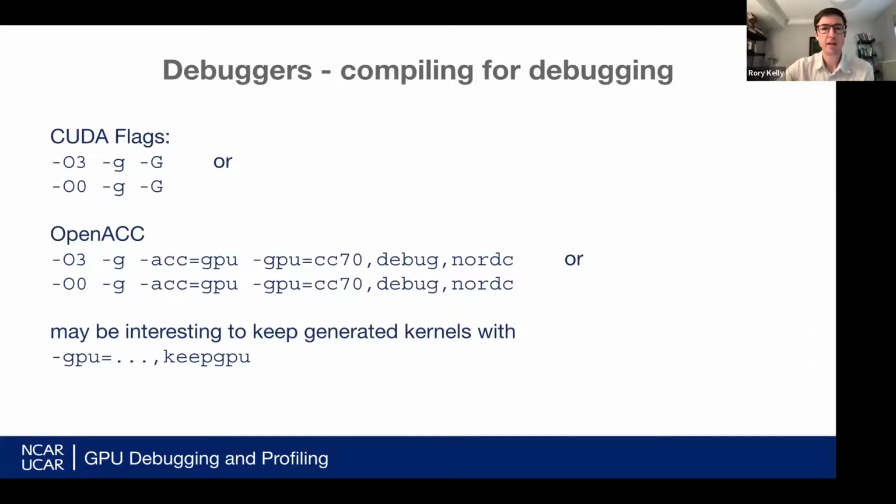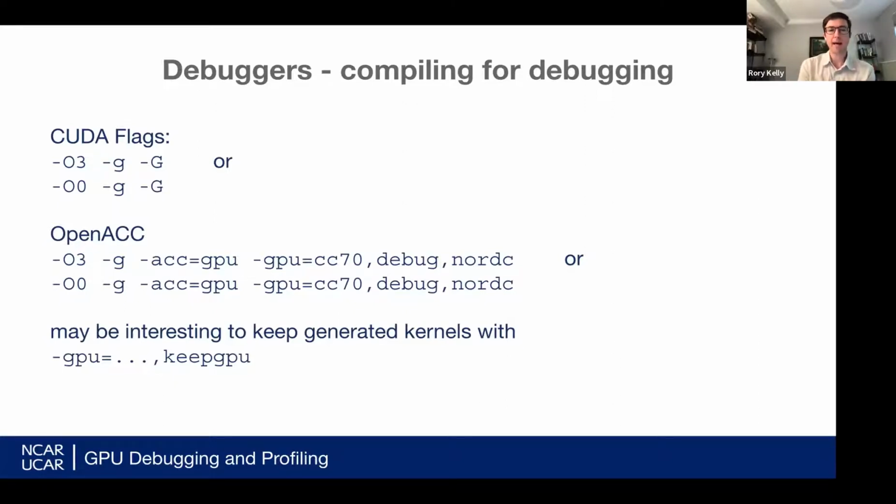Then you add this -gpu flag; the cc70 you can ignore, but adding debug and the nordc flags is necessary. Debug will insert the symbol information you need on the GPU, and nordc tells it not to make relocatable device code, and that seems to improve the quality of some of the state information you can get inside a kernel.